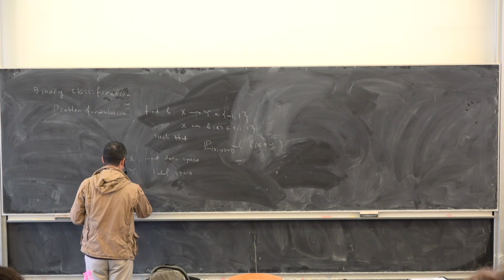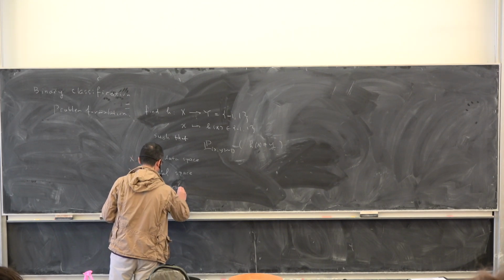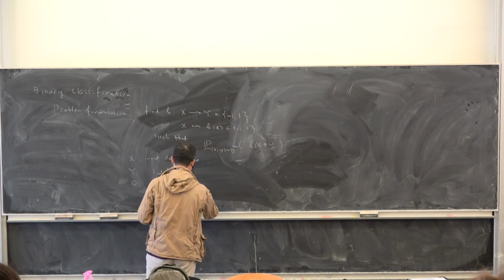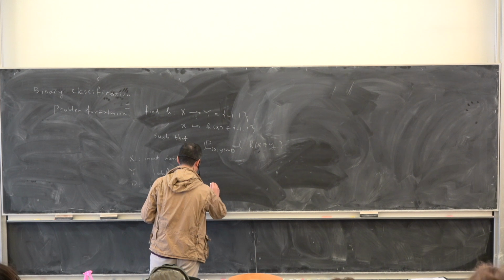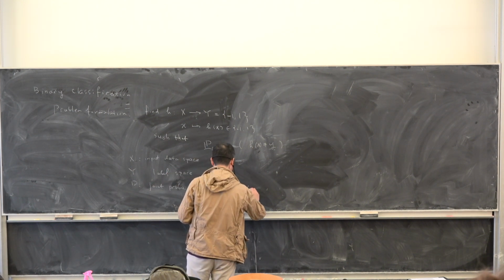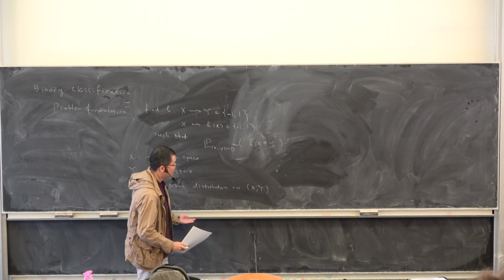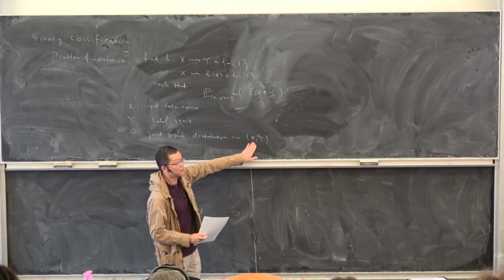And D is here the joint probability distribution on the space X times Y, and you could think about that as the product space.